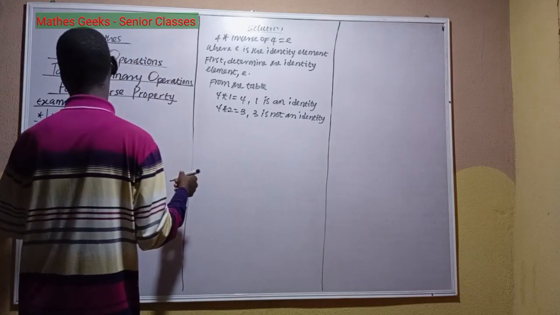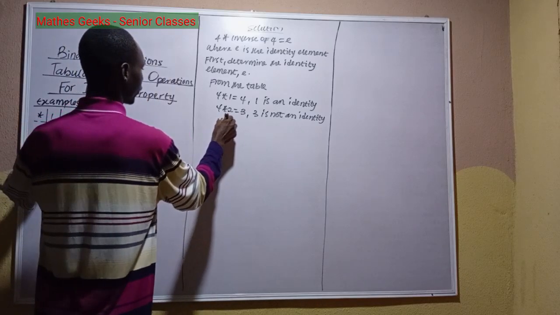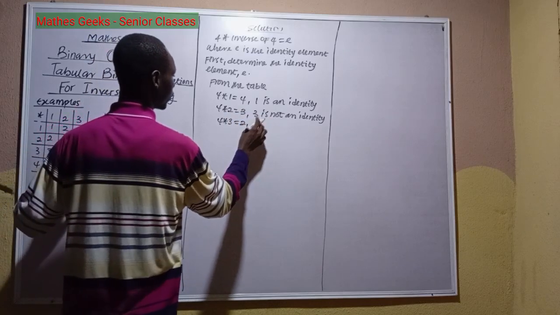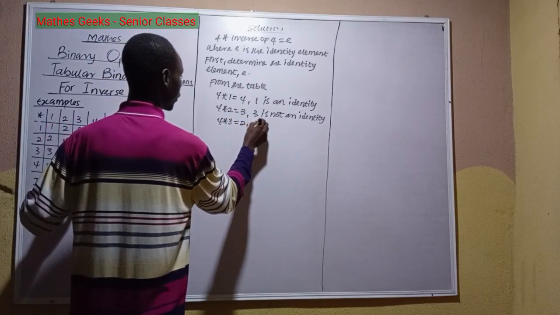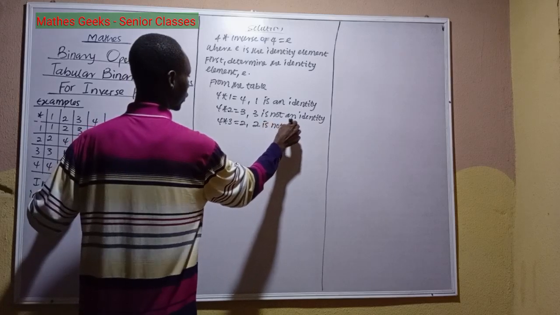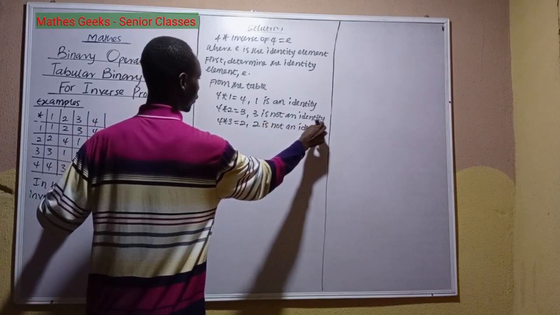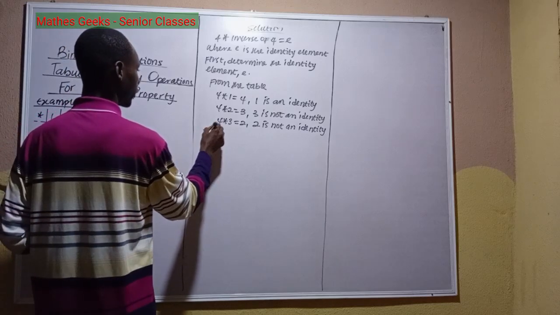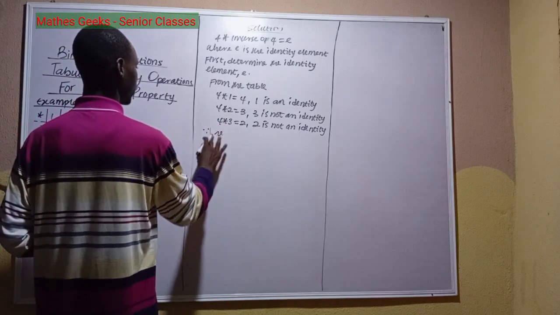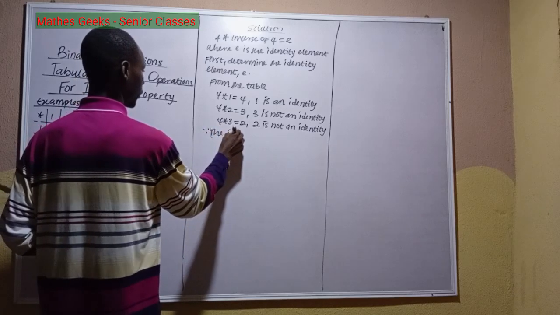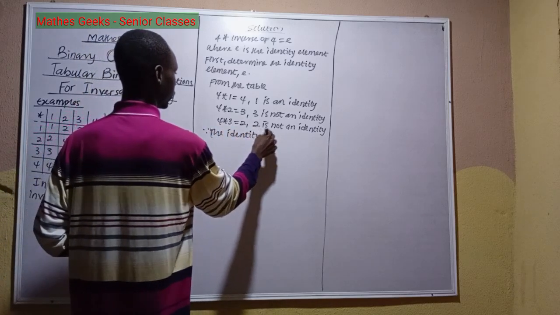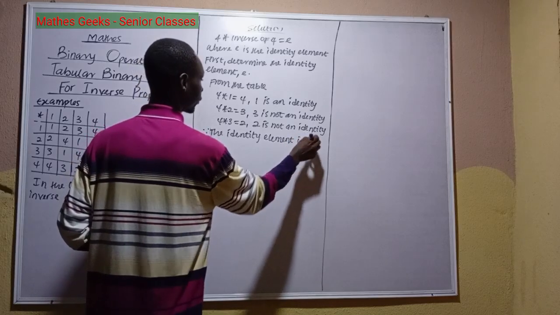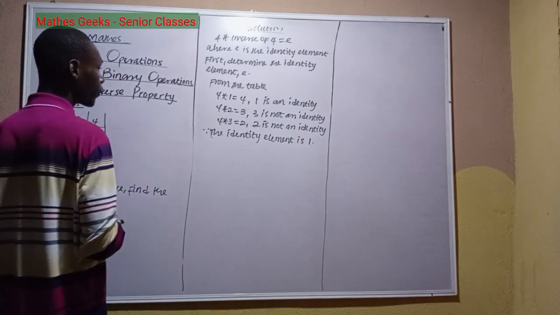For operation 3, what's it giving us? 2. 3 is not an identity also. Therefore the identity element is 1.